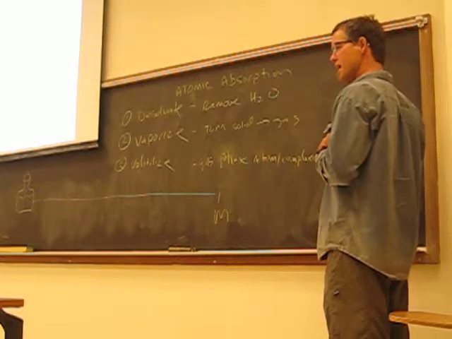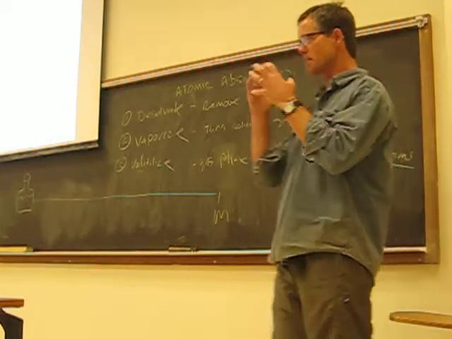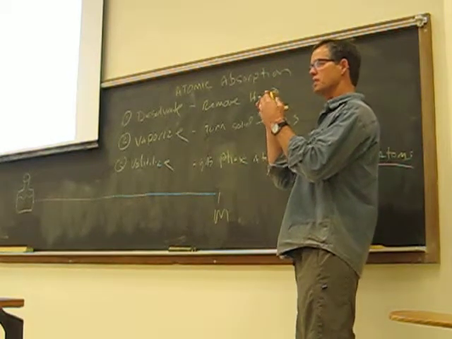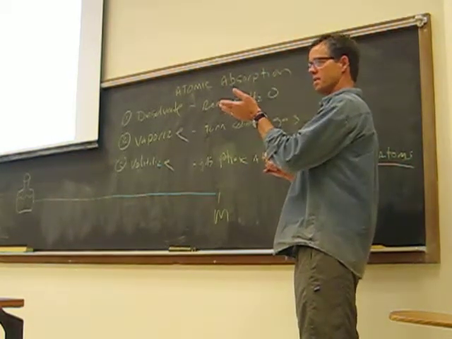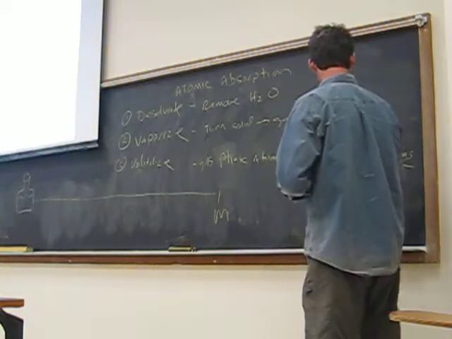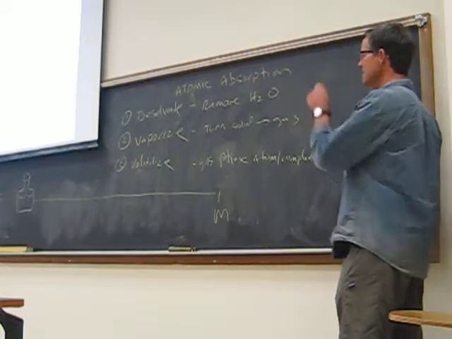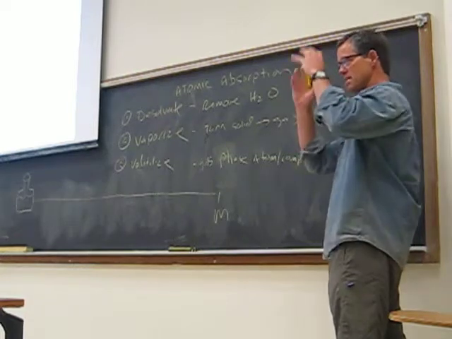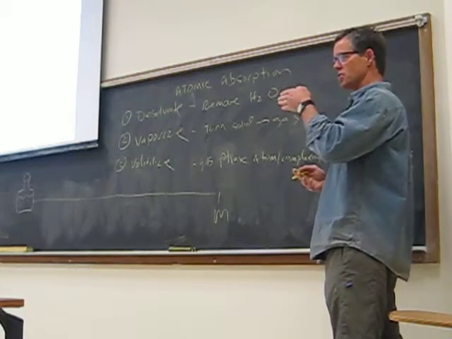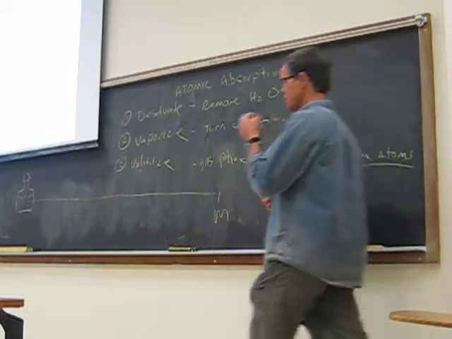If that metal atom is not free, but instead is complexed, that changes the energy required for that excitation, and you get a different absorption spectrum. So it's essential that you have the free atoms in that flame space to interact with the electromagnetic radiation you're shining through.